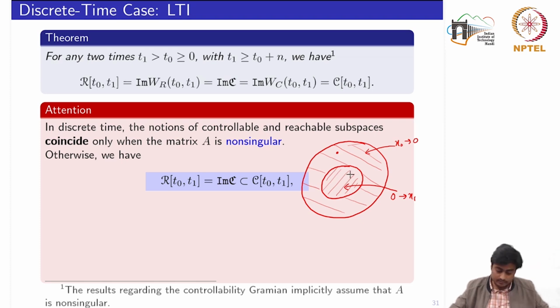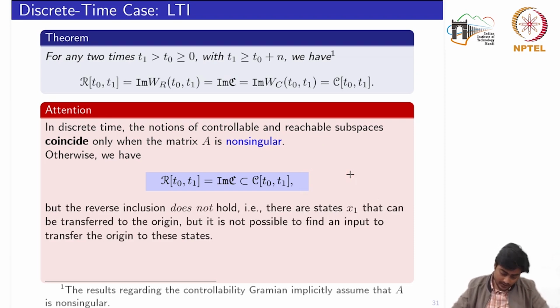So this is the geometrical meaning. The reverse inclusion does not hold, because if it held, we would have the equal sign we had in the main result. So there are states x1 that can be transferred to the origin, but it is not possible to find an input to transfer the origin to these states.